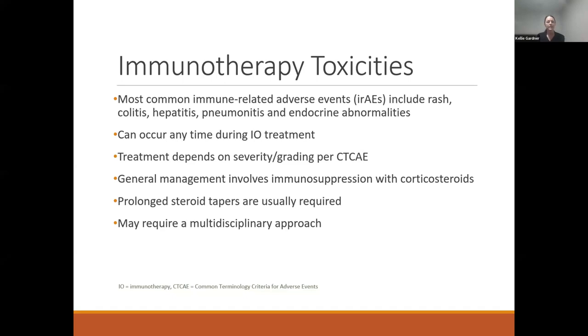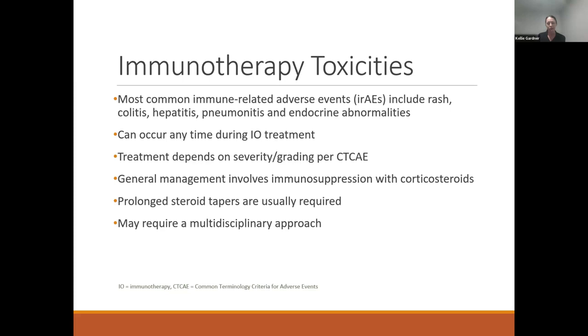The treatment depends on the severity of these symptoms and the grading. We use a grading system called the CTCAE. I have a slide shortly to show you, but we grade each side effect based on the CTCAE grading system. The general management when we need to intervene includes immunosuppression with corticosteroids.